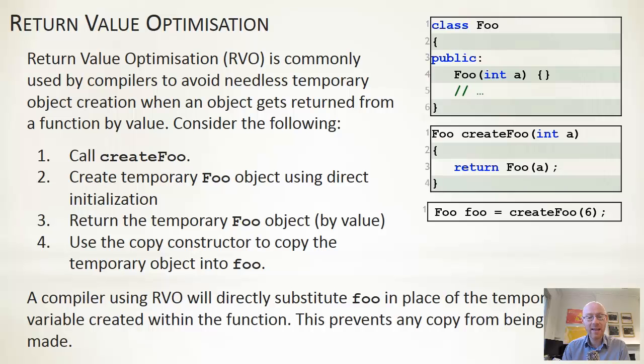So if we think about what may happen here, we call createFoo first of all. It then calls that method. Within that method, we create our temporary foo object by directly initializing it using the value that's passed in. Now that's an R value. It's an object that exists, but we cannot refer to it by name.